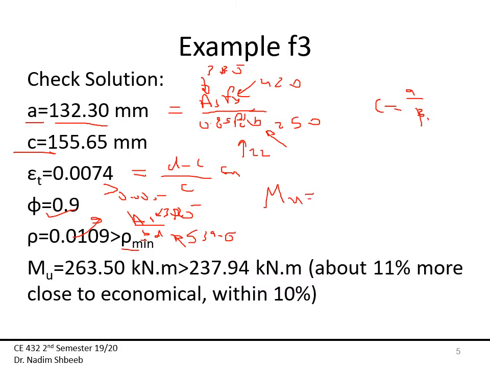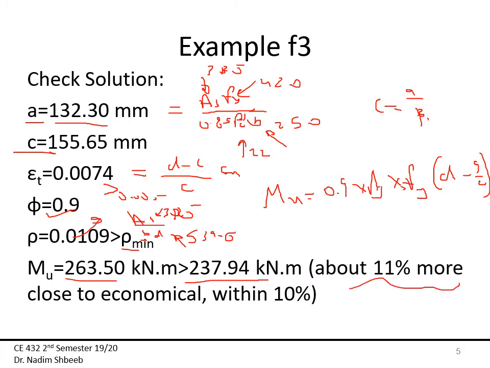M ultimate now would be equal to phi times area of steel times Fy times D minus A over 2. Okay, from that I'm getting this to be 263.5 kilonewton meters, which is larger than 237.94 kilonewton meters.